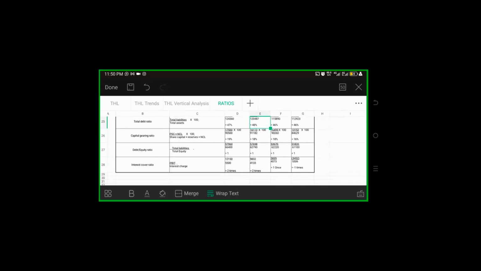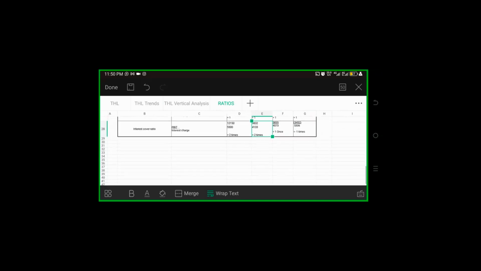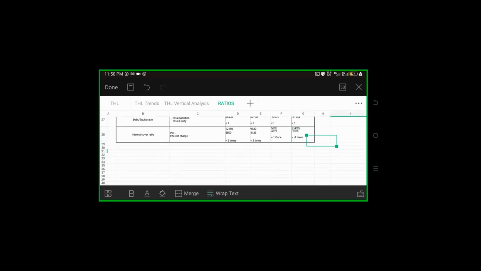So what we can do is to look at their interest cover ratio. How many times can their profit before interest and tax cover their interest for the year? In 2020, because they made a loss, they could not even cover the interest for the year. In 2021, they could cover interest for the year once.